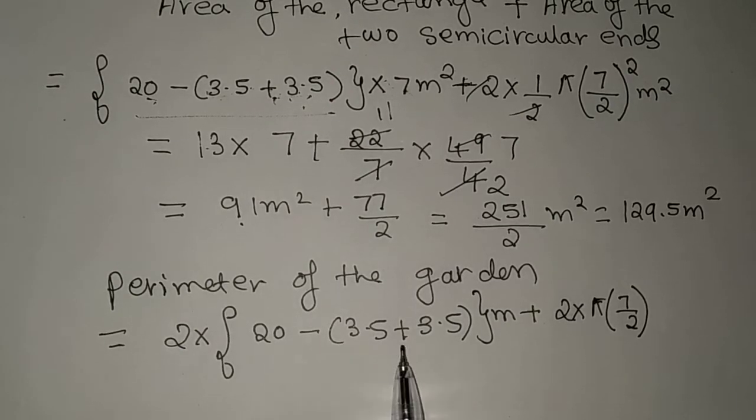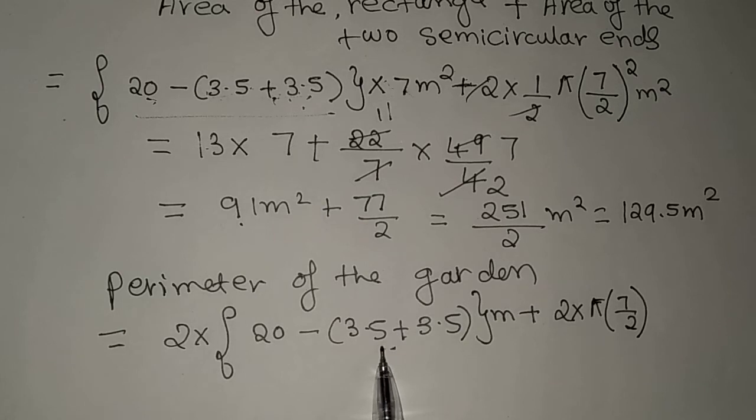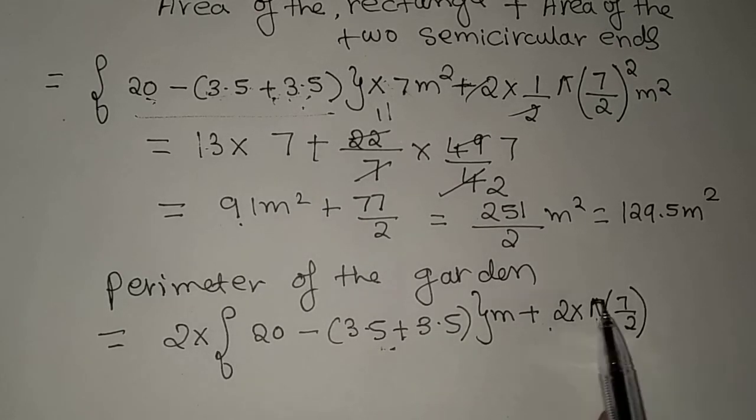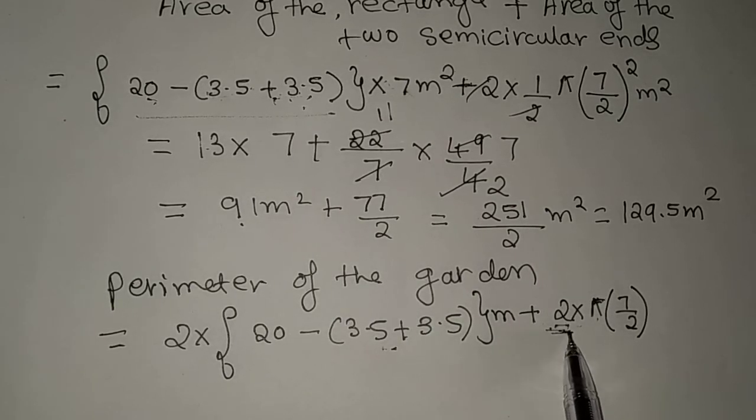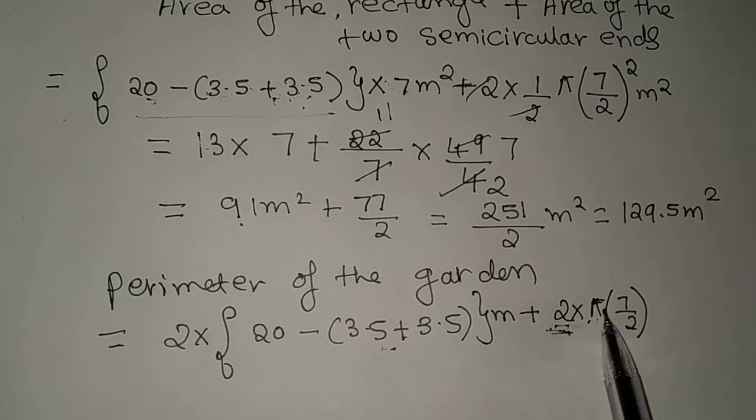So 2 into the length of this rectangle plus 2 pi r, this is for the 2 semicircles.